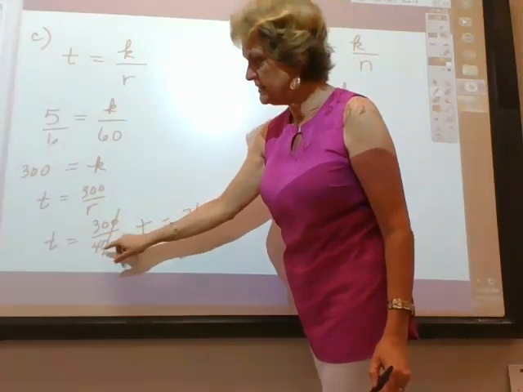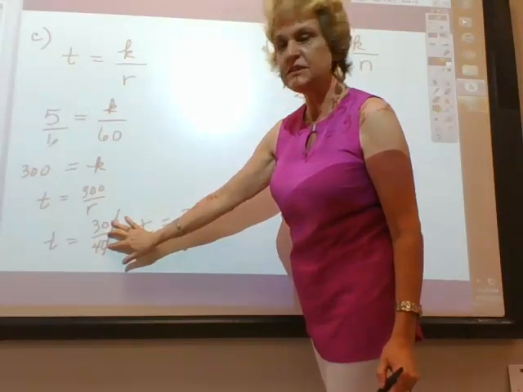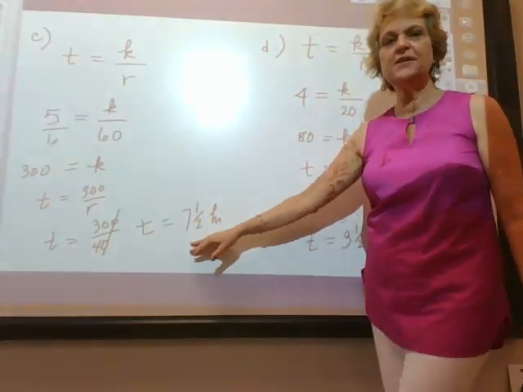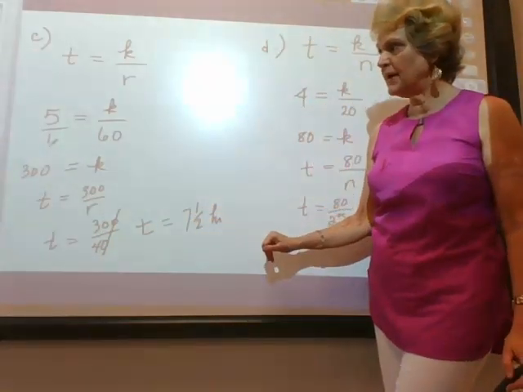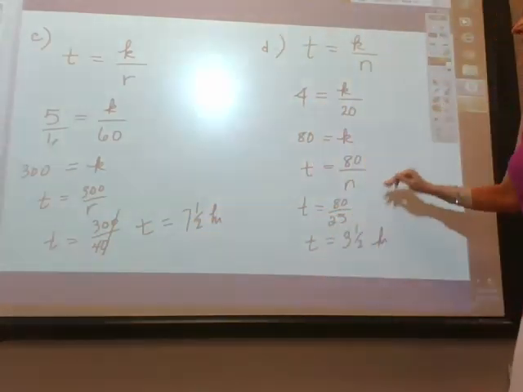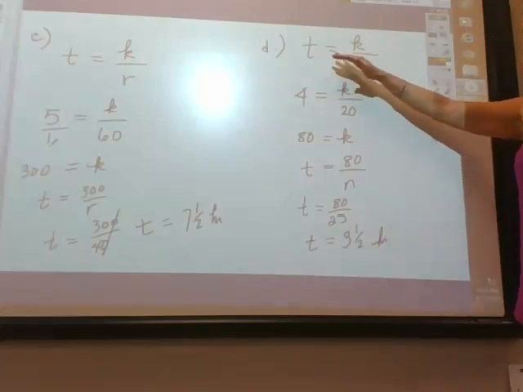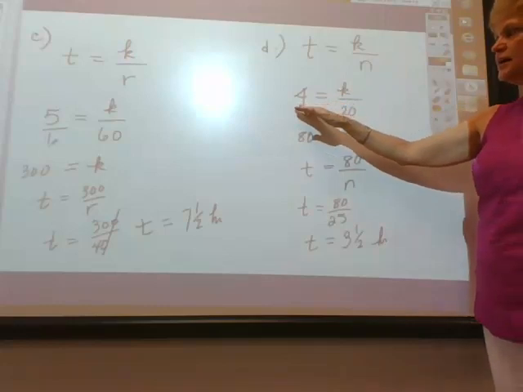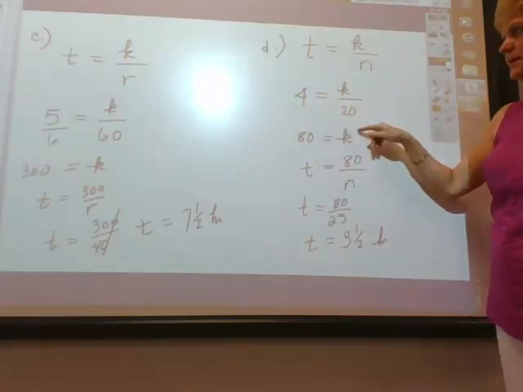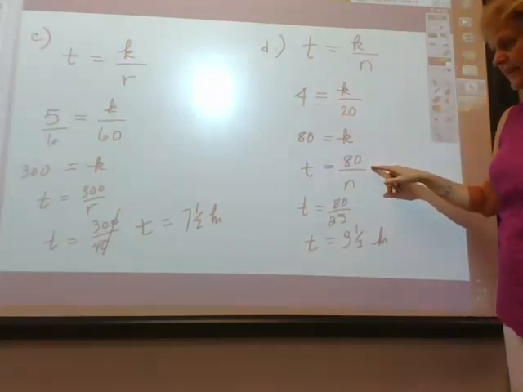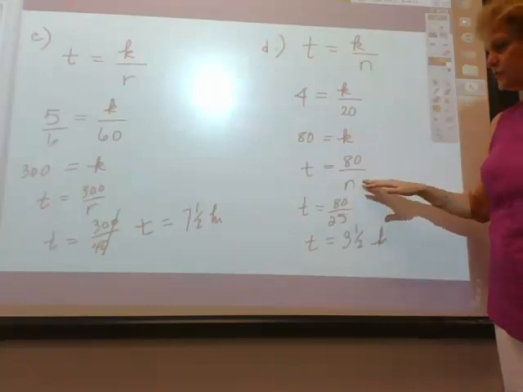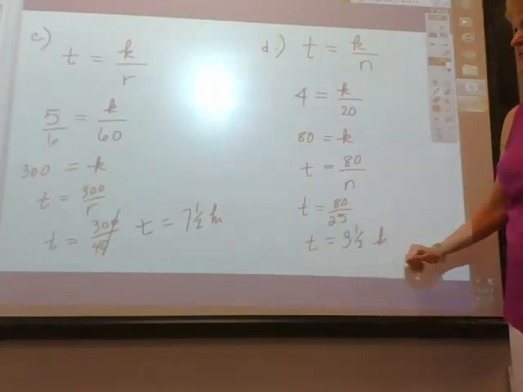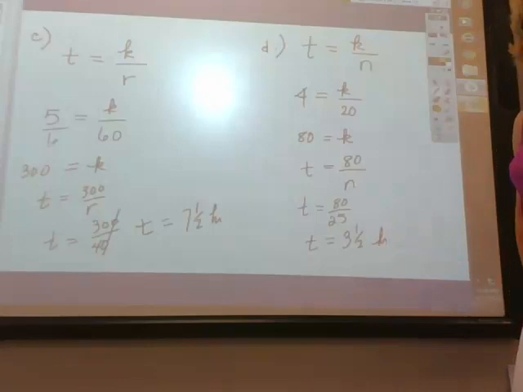So I crossed out my zeros. 30 over 4 is 15 halves, which is 7.5 hours, okay? And then time varies inversely as the number of people. So it took 4 hours for 20 people. My constant was 80. How long would it take for 25 people? 3.5 hours.